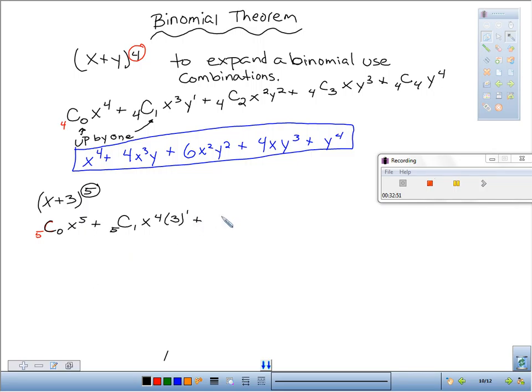Plus, combination, still 5, now go up by 1, which is 2, x cubed, 3 squared.